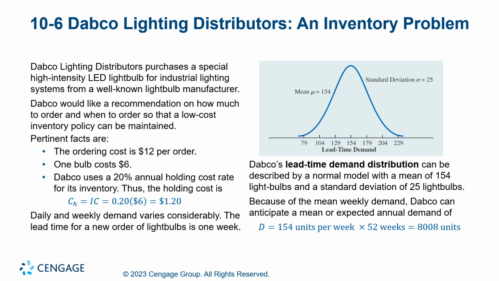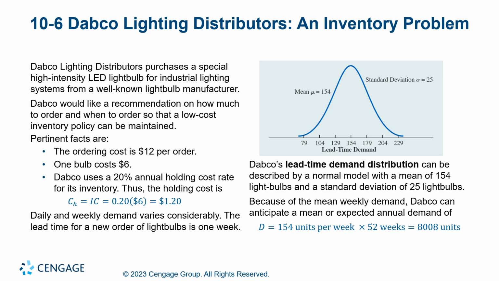The lead time for a new order of light bulbs is 1 week, and historical sales data indicate that the demand during the 1 week lead time can be described by a normal probability distribution with a mean of 154 and a standard deviation of 25. The normal distribution of demand during the lead time is shown in this graph.